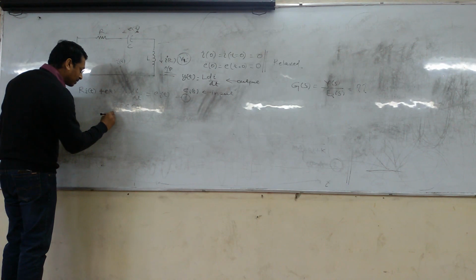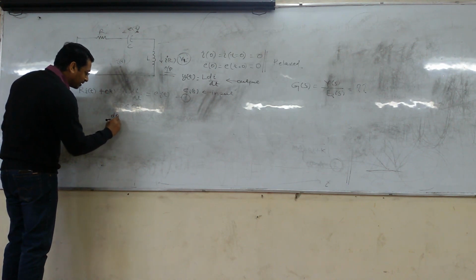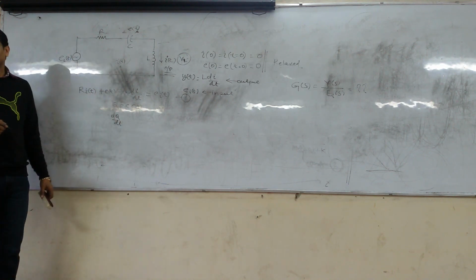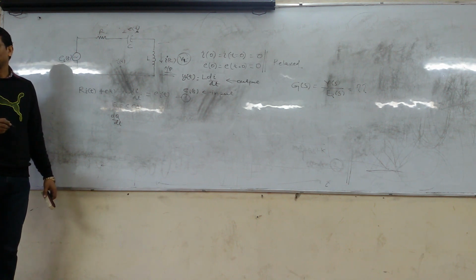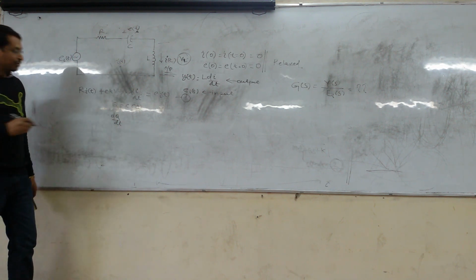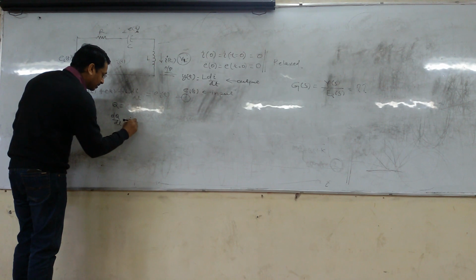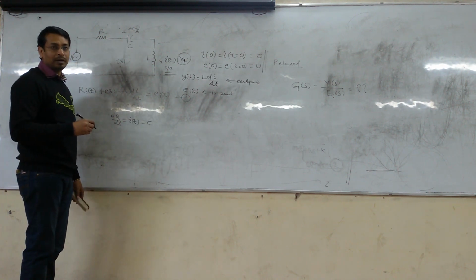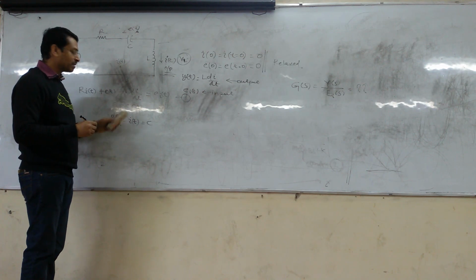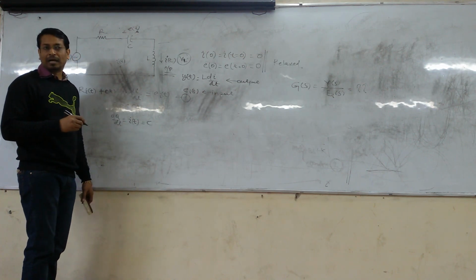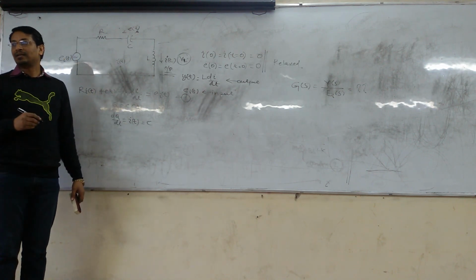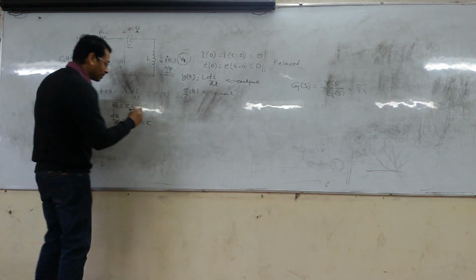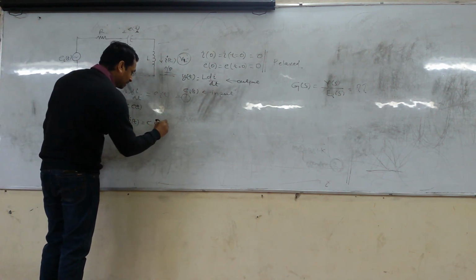You will get dq/dt, and dq/dt will be the associated current with the capacitor. You will say i(t) will be equal to C de/dt. C I am going to take out, since the components are not dependent upon time, because we are going to take an LTI system.